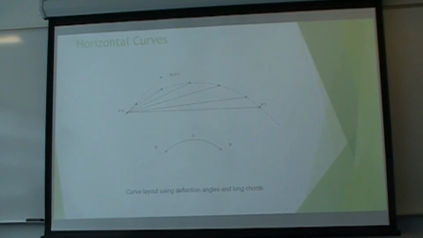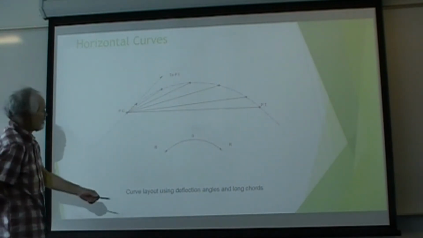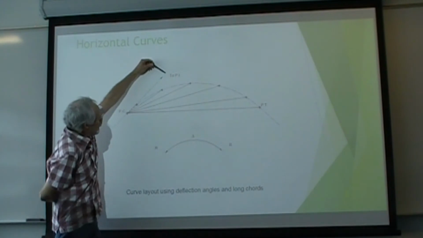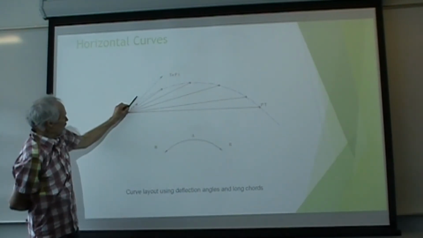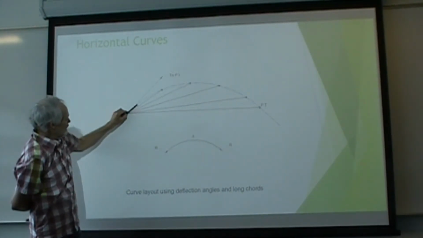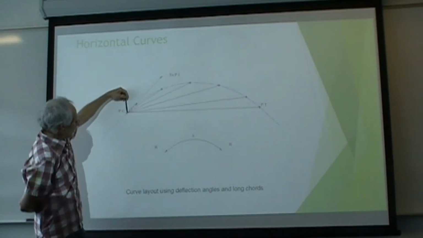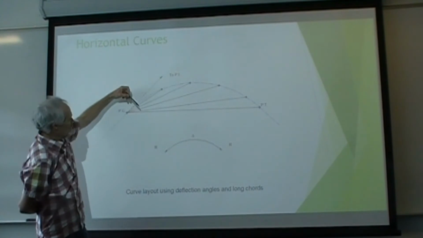So this is showing you the concept of the long chord method. So what we're using is what we call deflection angles and long chords. This is assuming we're occupying a PC point, backsighting our PI. We're calculating an angle, going a distance, another angle, which is called your deflection angle, distance. So these red lines are indicating long chords.